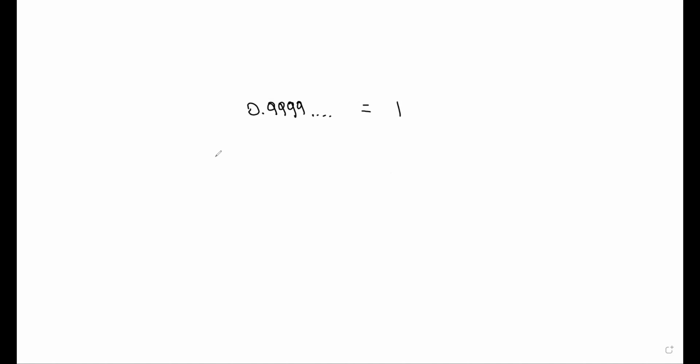Let's see, so let's try to start with 0.9999, etc. And let's try to get it equal to 1 by using legitimate mathematical manipulation. So let's write this as 3 times 0.3333, etc. And then it still goes on forever.